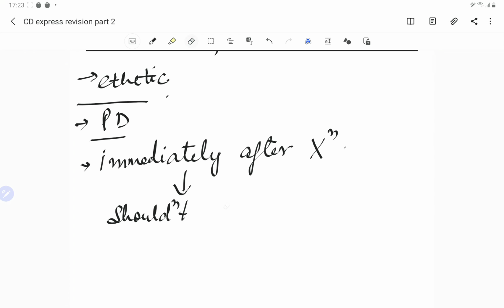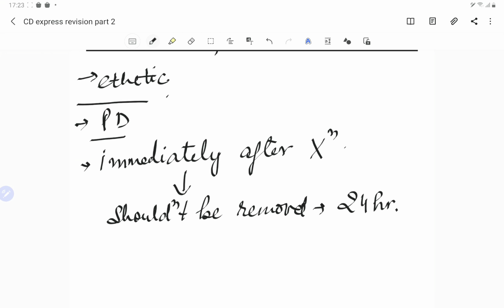Should not be removed for 24 hours. So you are asking the patient, if the patient is having discomfort or anything, the patient is not going to remove it.